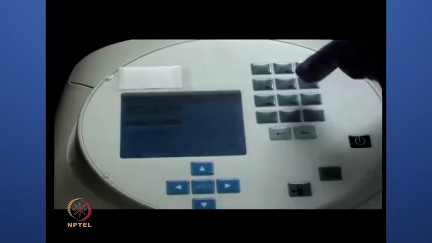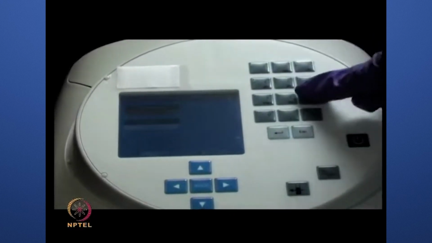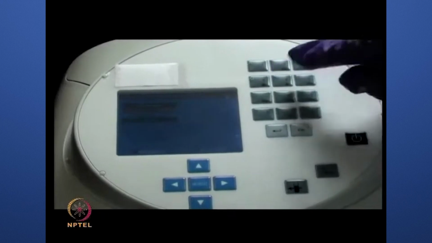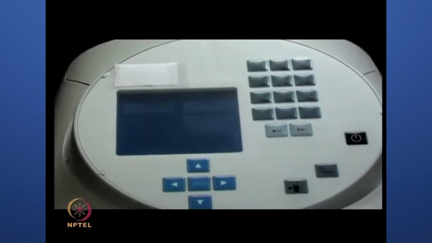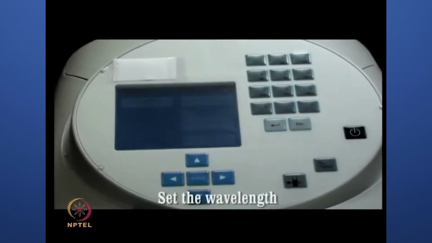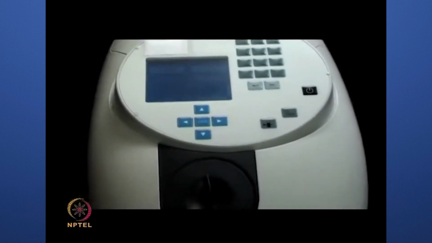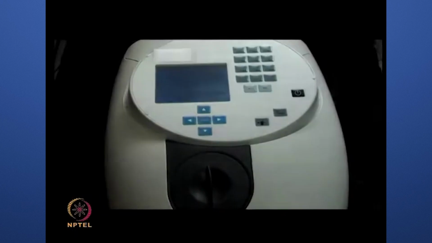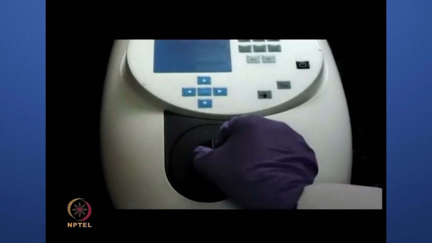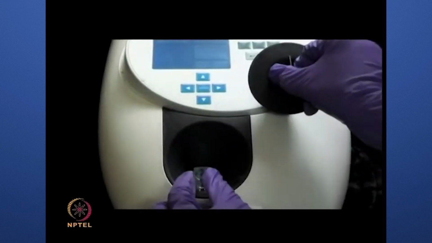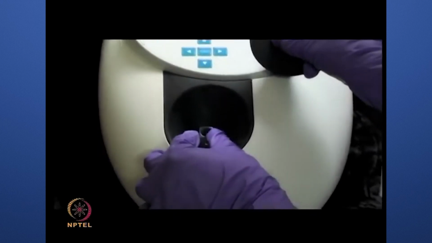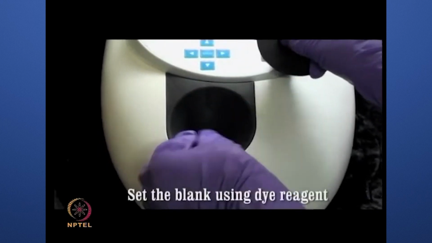Set the wavelength of the UV spectrophotometer to 595 nanometers. Adjust the reading to 0 using a blank solution containing only the dye solution and no protein.